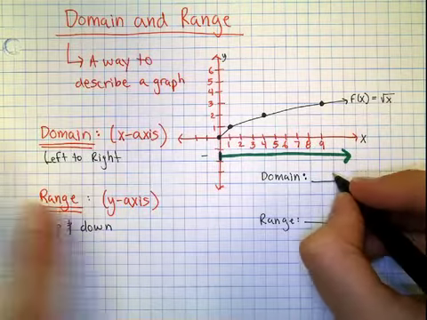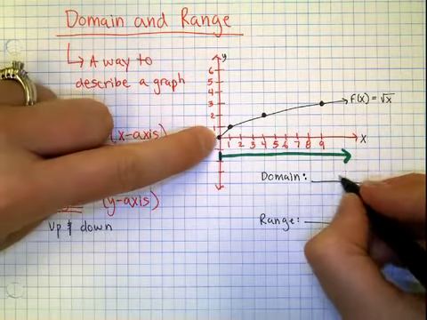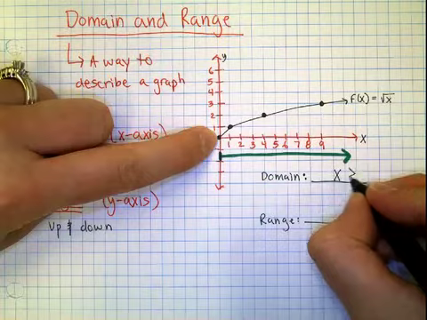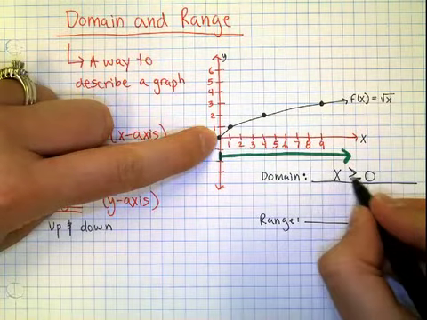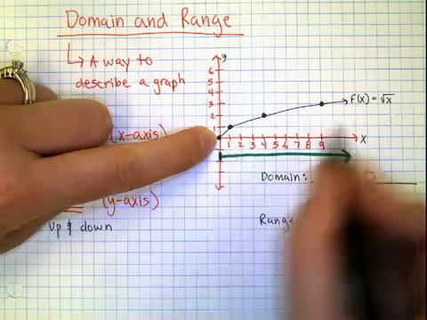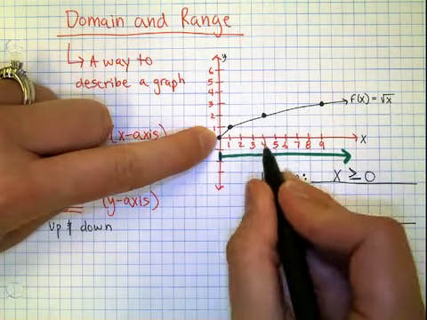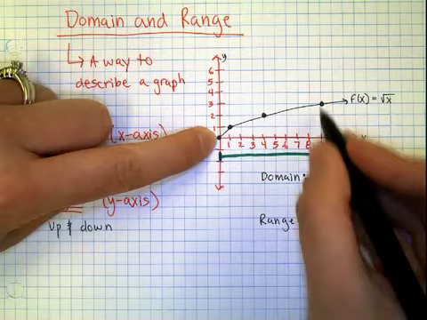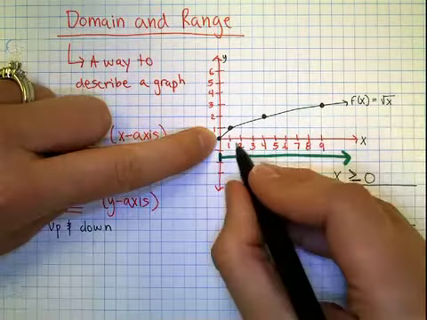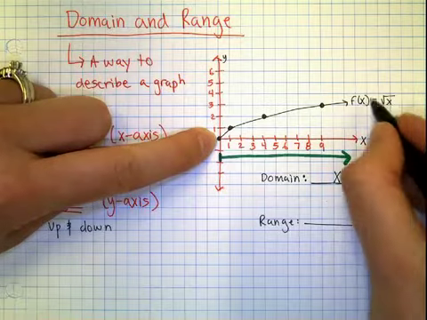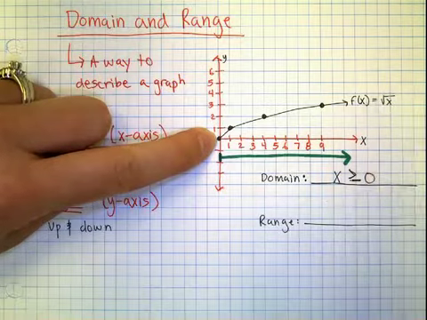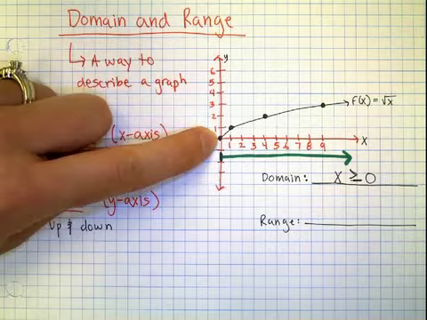So I would say that the smallest x number is 0. So x is greater than or equal to 0, because there's a point at 0, and then it goes this way. So at 1, 2, 3, 4, 5, 6, 7, 8, 9, there's values on this graph. If I went out to 100, I bet the square root of 100 is 10, so it would be up at 10 on the graph. I know there'll be a point there.